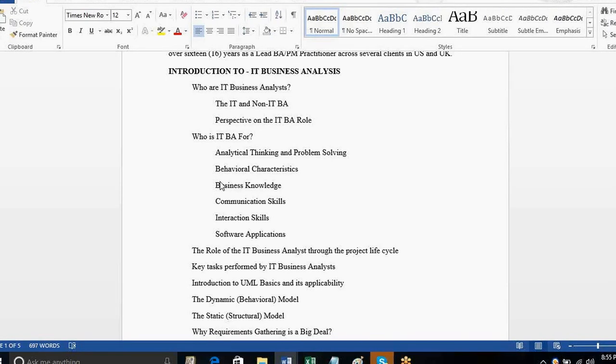So you may have to sit down with that person and understand what they have in their mind and document or capture those. And you, as an IT business analyst, would sit down with that person or facilitate that session. If it's one-on-one, it could be more of an interviewing structure. And that's what we are talking about as behavioral characteristics.